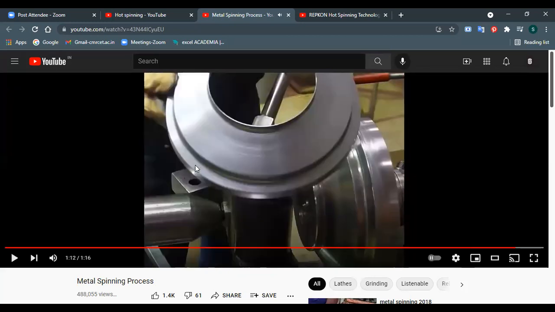You see, that is what the design intent was, to have that shape. So we had used cold spinning here technically, cold metal, cold spinning to get that shape.